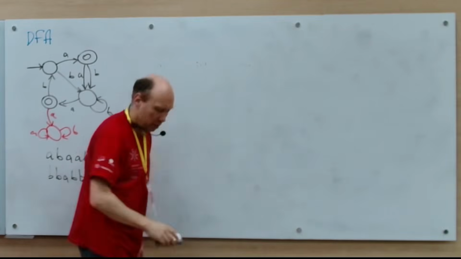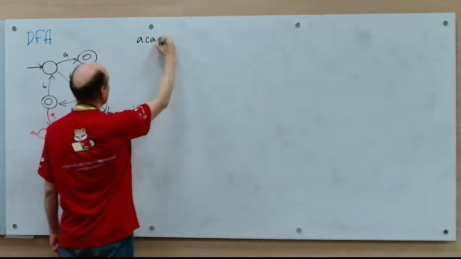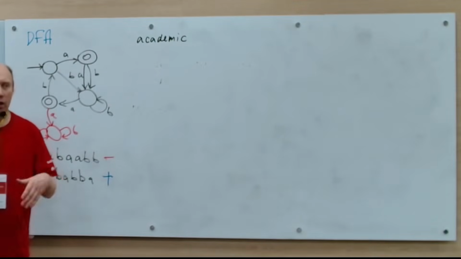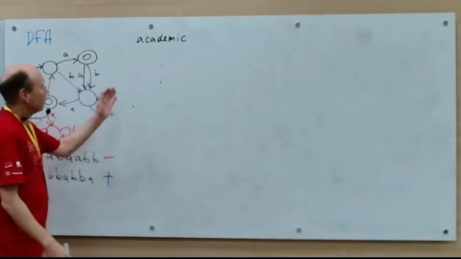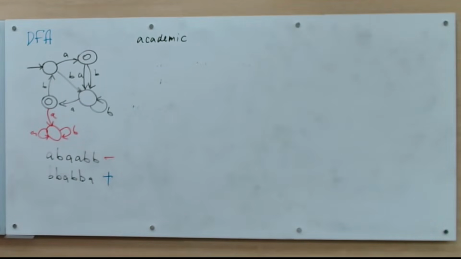Well, to start with something interesting, let's start with automata and regular expressions. What is a regular expression? There are actually two types of regular expressions. One is so-called academic regular expressions, and the other is, I don't know, the usual, operating system, Linux, Perl regular expressions.